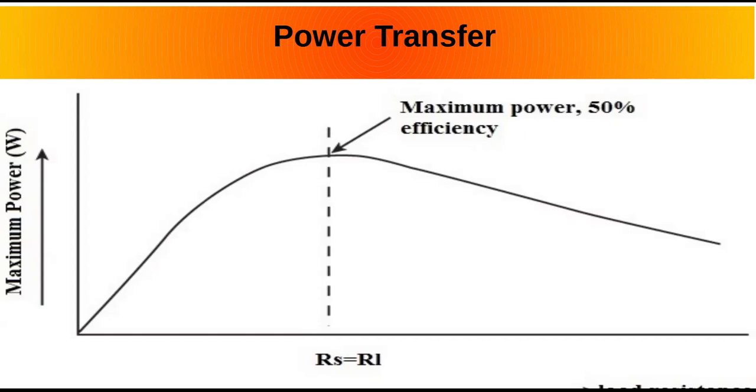Reflected back? No, that you lost in your source impedance. Oh. And hopefully the other half gets radiated by radiation resistance in the antenna. Of course, real coax has some loss, so you're going to lose some along the way also. But theoretically, the best you can do is 50% of the power to the antenna.